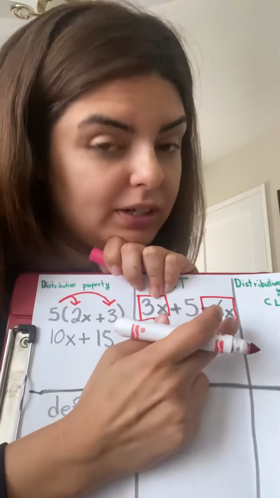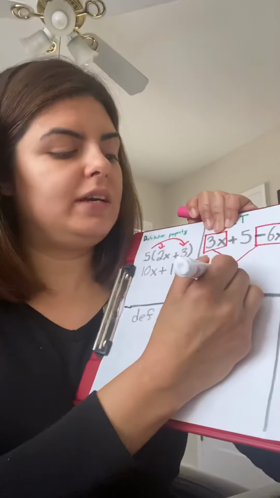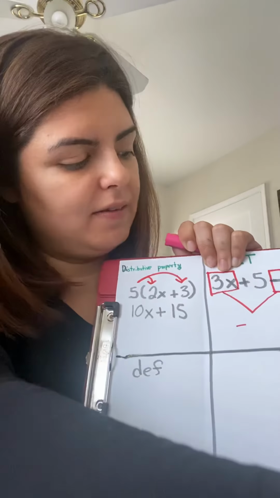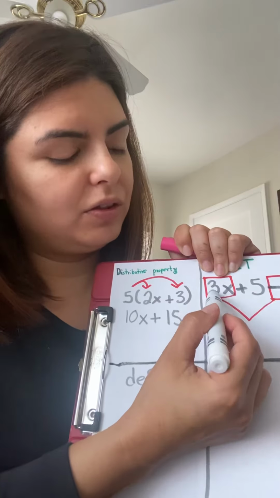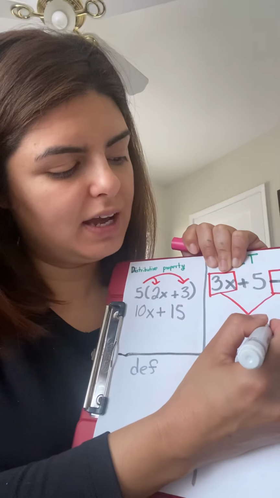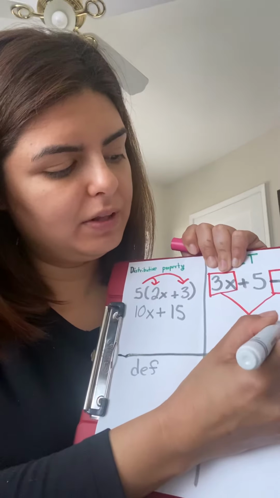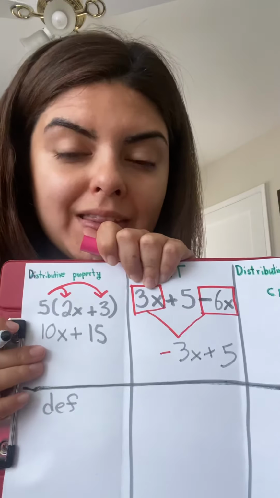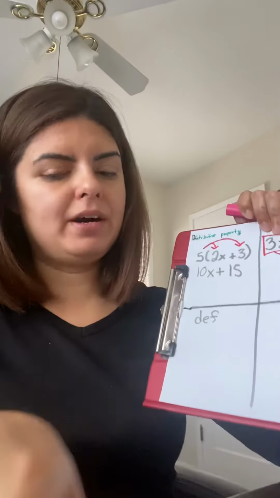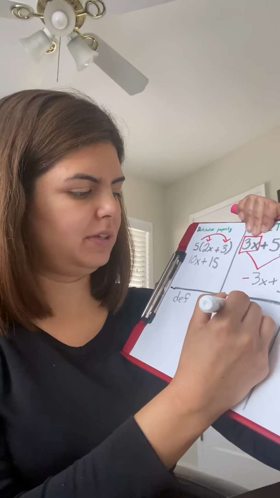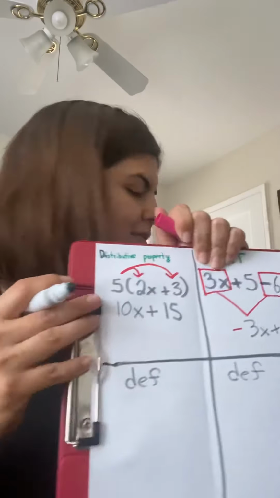In this case, the bigger number is 6. So we know that our answer is going to be negative. So we have negative, and 3 minus 6 is 3. So we have negative 3x, and then plus 5. Okay? And that's it. Now in the bottom, we're going to go ahead and again do the definition.